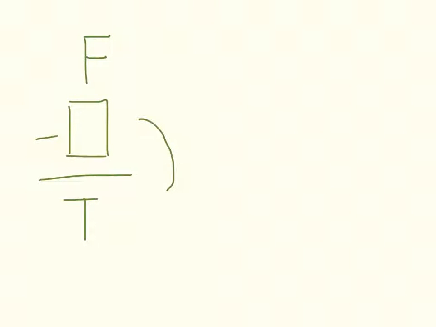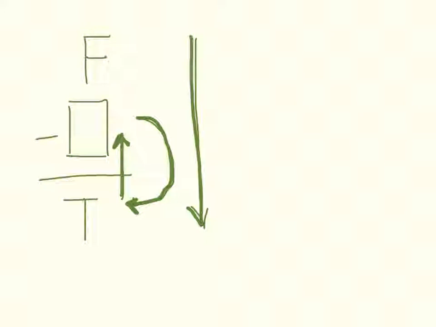Now, if my middle number, my second number, is missing, so we have first minus our unknown second equals the third, what I'm going to do here is flip and then subtract. Let's make that nice and big so we can see it. So you want to flip those two spots and then a straight subtract.